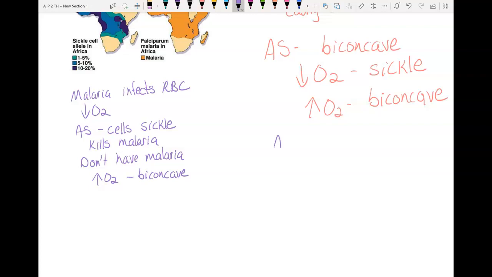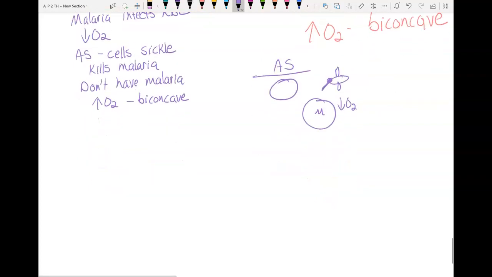So if you are an AS person, you're sitting here, you have your biconcave disc, a little mosquito comes along and bites you and gives you malaria. Now you have the malaria in here, which causes your oxygen to drop. Now that your oxygen drops, your cell sickles, and when it does, it kills the malaria.